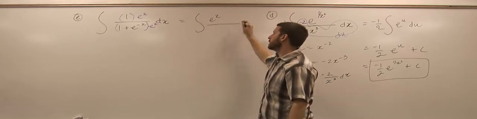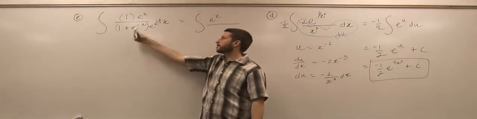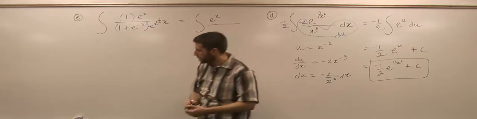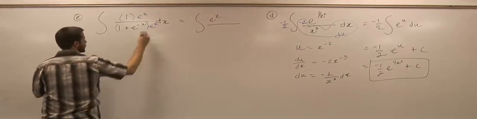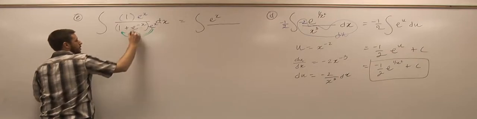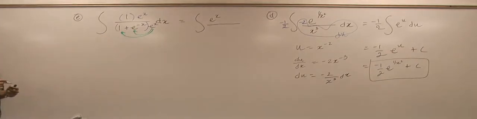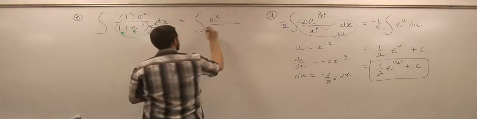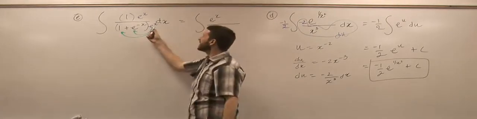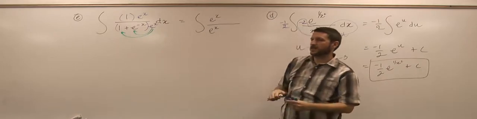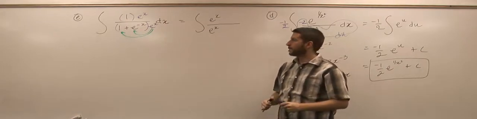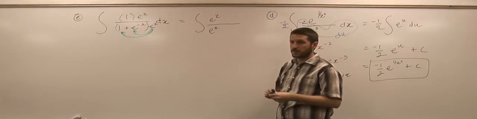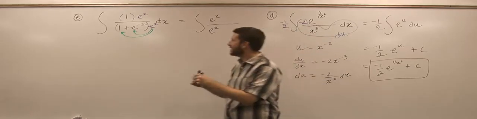And what do I have on bottom? When I distribute this, what happens? 1 times e to the x is e to the x. What's e to the x times e to the negative x? E to the 0, which is 1.